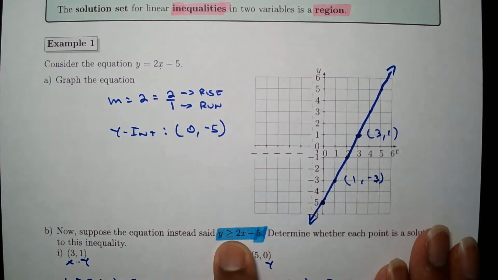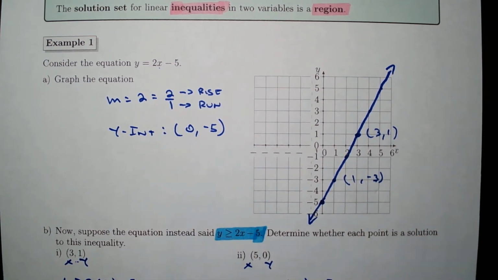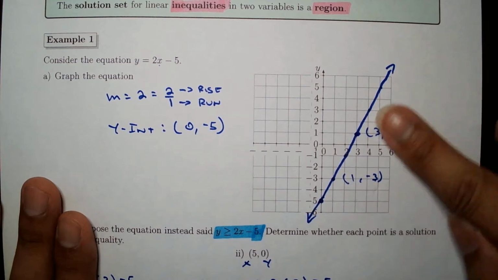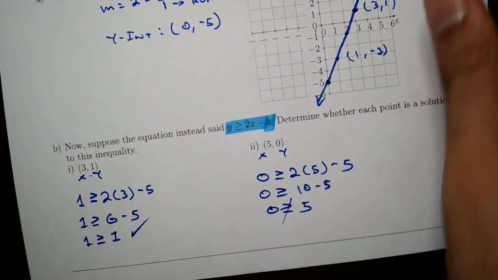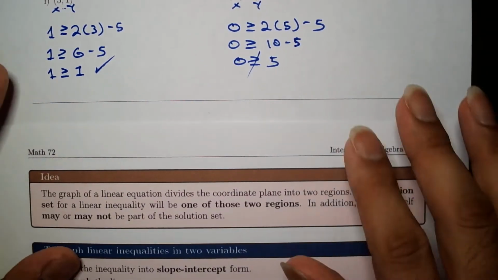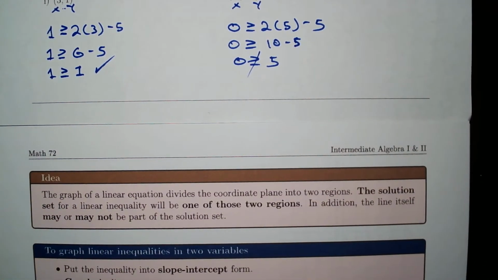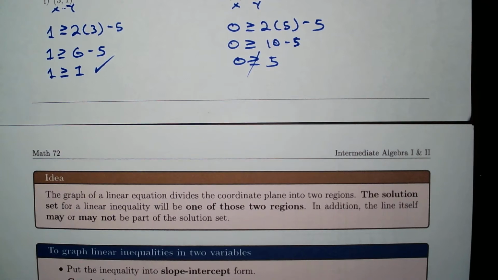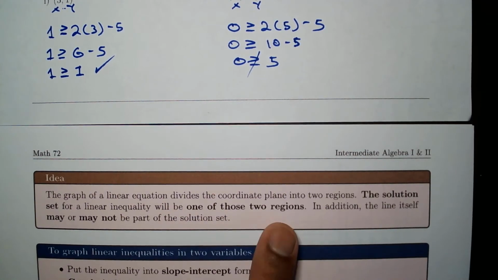If the inequality sign were reversed, it would represent all the points below the line. That's the idea here: the line divides the plane into two, and the solution to an inequality will be only one of those two regions.